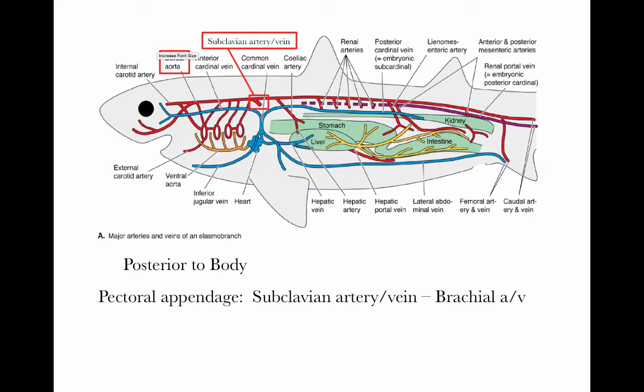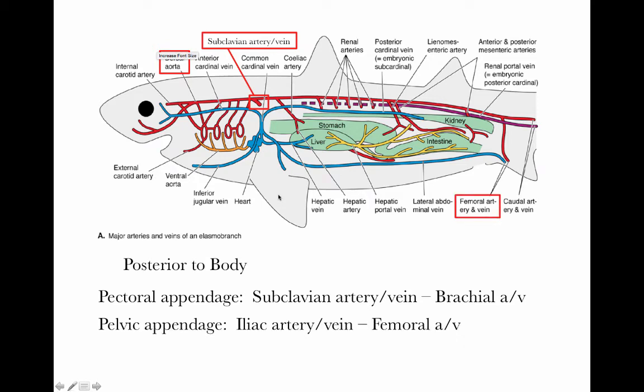The branches going to the pectoral appendages are called the subclavian artery, accompanied by a returning subclavian vein. We can see a little branch of it here. It's going to head out to that pectoral fin. And then that subclavian artery is going to continue on into that pectoral fin as the brachial artery, again accompanied by a brachial vein returning blood back from that pectoral appendage.